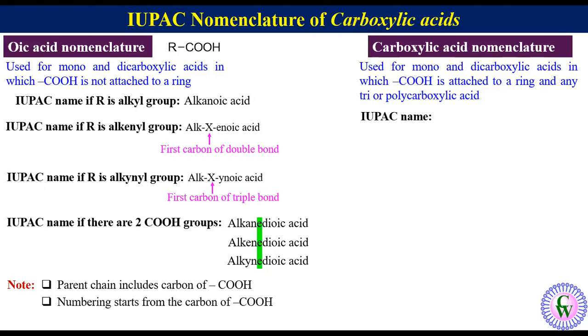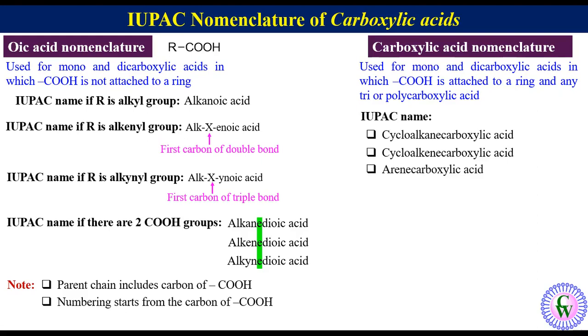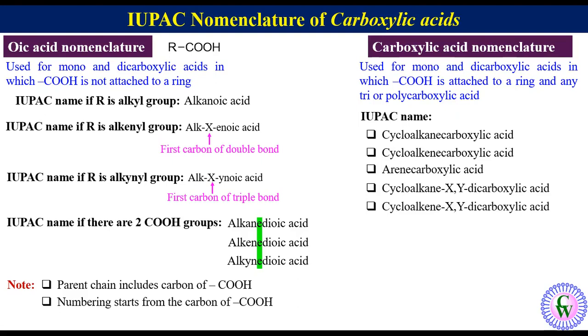Depending upon the nature of ring and number of carboxylic acid groups, they are named as cycloalkane carboxylic acid, cycloalkene carboxylic acid, arene carboxylic acid, cycloalkane XY dicarboxylic acid, cycloalkene XY dicarboxylic acid, arene XY dicarboxylic acid, alkane XYZ tricarboxylic acid, where X, Y, and Z are the position of carbons to which carboxylic acid groups are attached.